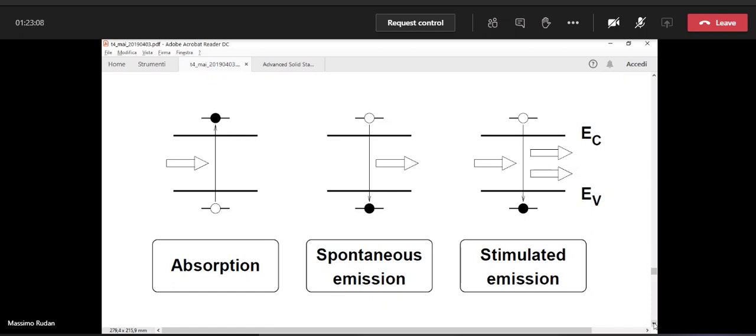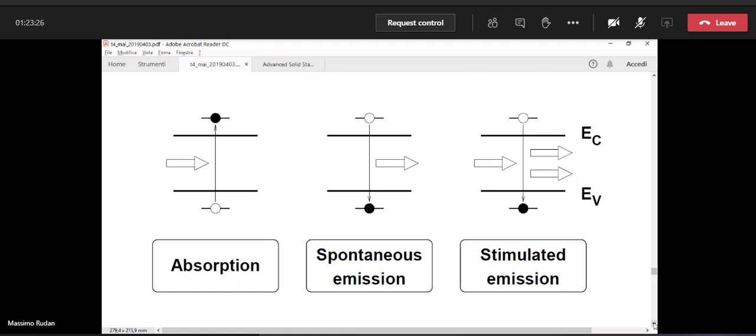And in so doing, the electron emits another photon. If that happens, we talk of stimulated emission, and eventually we have two photons.